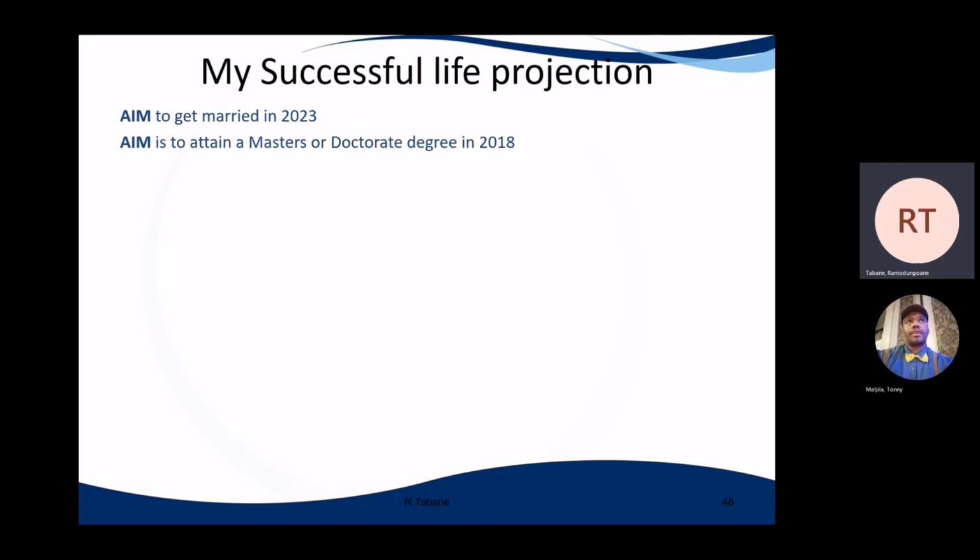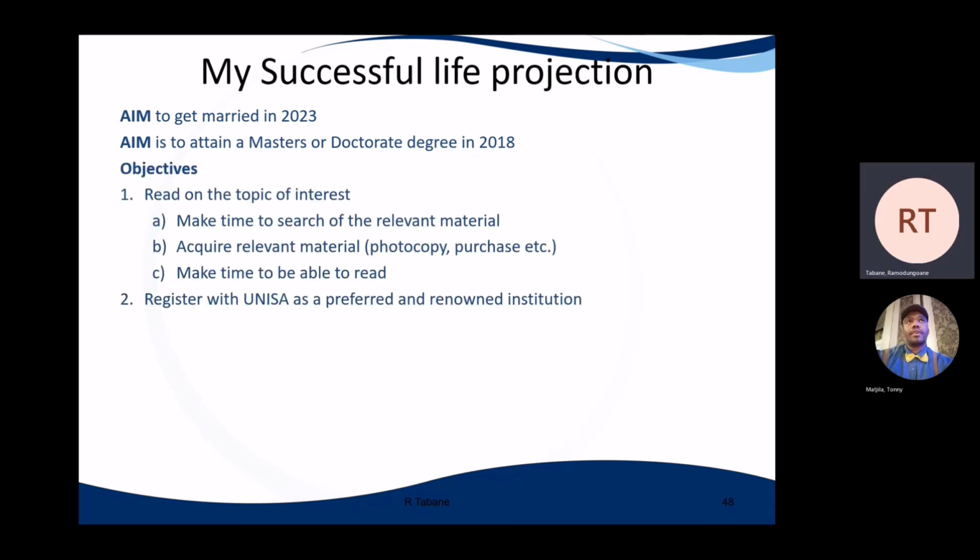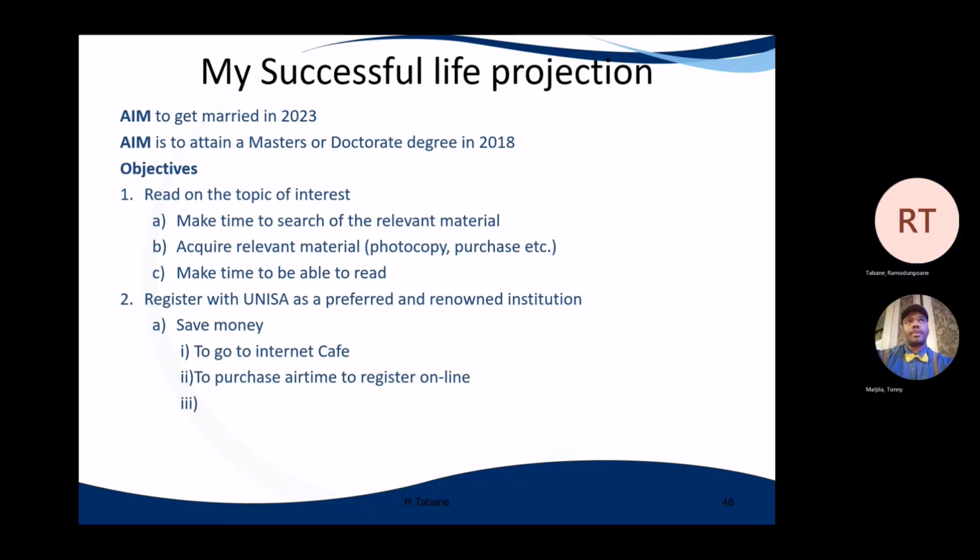But if it was about attaining your master's or your doctorate in 2023, you needed to do certain things as well. You needed to read on the topic of interest before you join UNISA for your master's next year, and you needed to acquire relevant material.